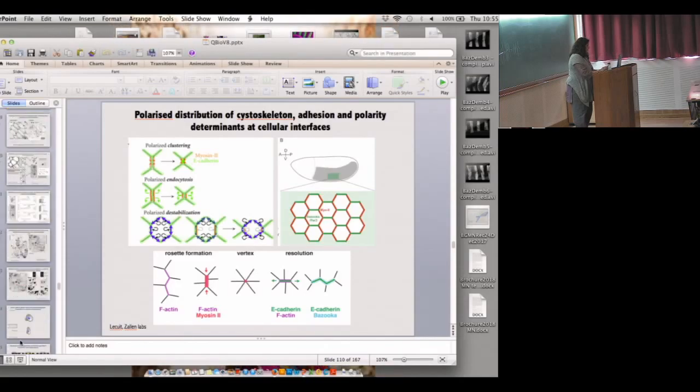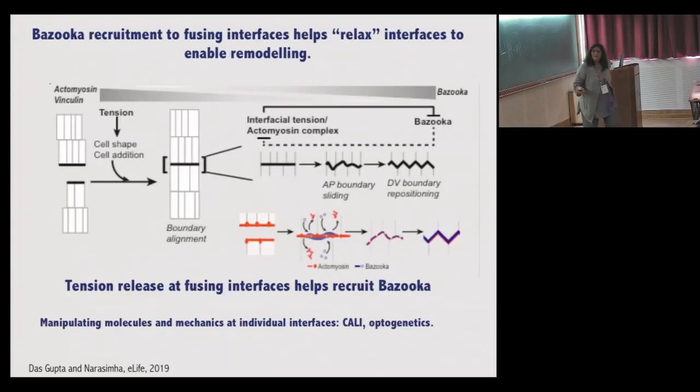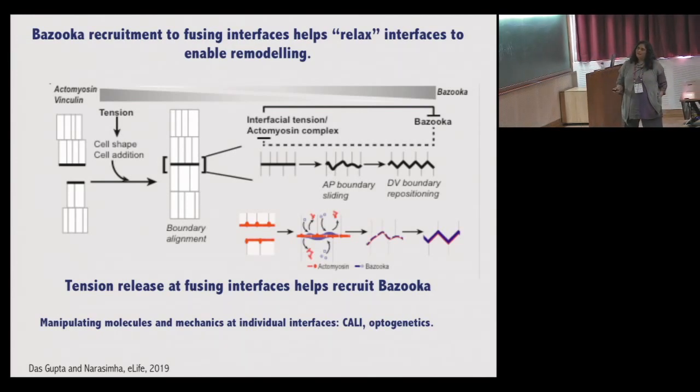And I will just end with one slide that says that even for this sort of junction remodeling event, you have a very spatially regulated remodeling of junctions. By that I mean only the junctions that are actually forming upon fusion are remodeling in ways that are characterized by a reduction in the levels of actomyosin and an increase in the amount of bazooka.